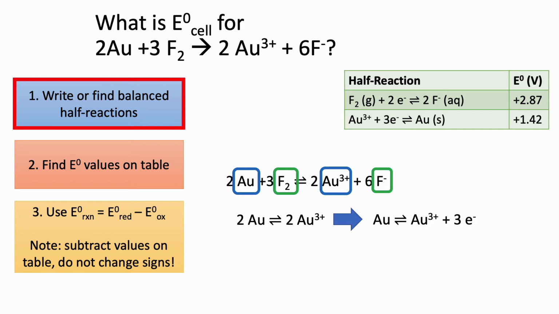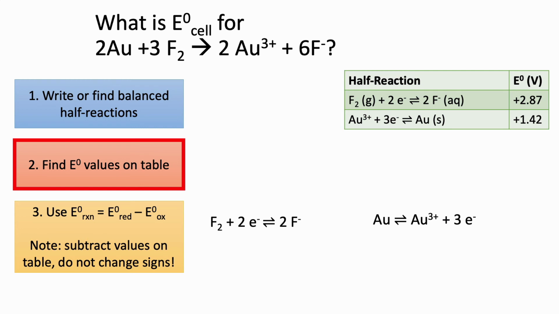So here we're going to have gold metal turning into gold 3+ plus 3 electrons. For fluorine, we have 3 fluorine gas turning into 6 fluorides, obviously those coefficients can be reduced as well. And so we can get F2 plus 2 e minus turning into 2 fluorides.